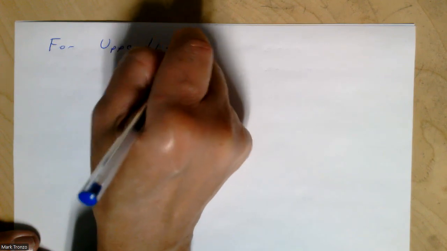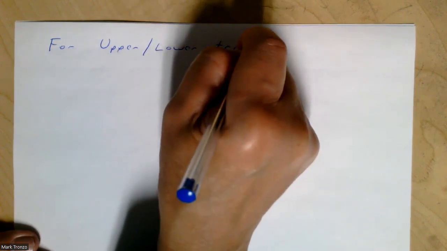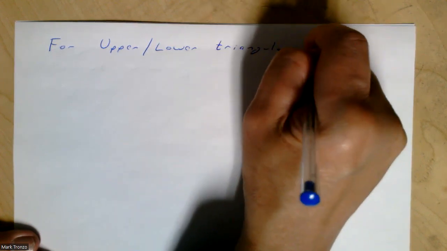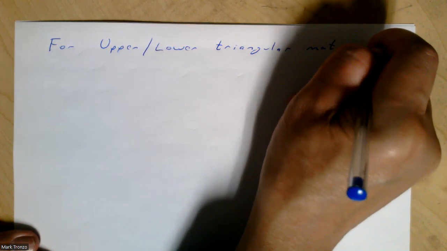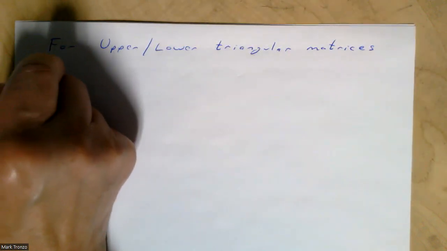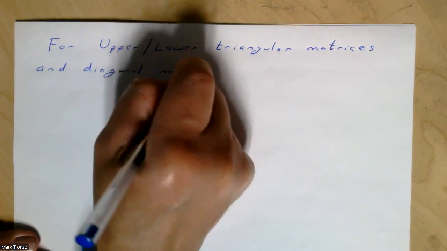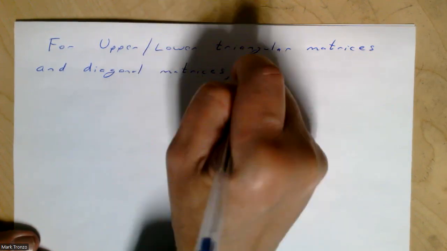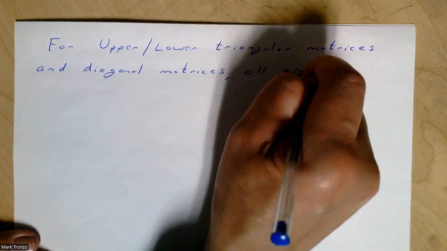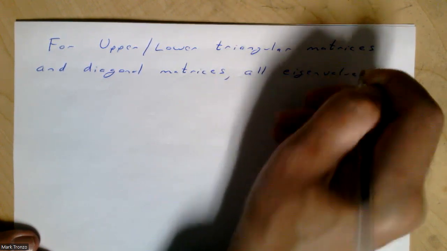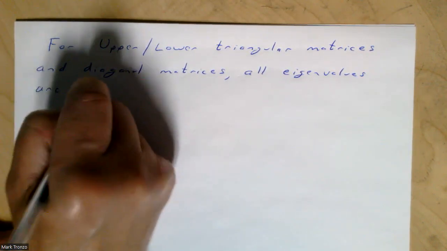Now, what's nice about a diagonal matrix and upper triangular and lower triangular matrices: all eigenvalues are on the main diagonal.